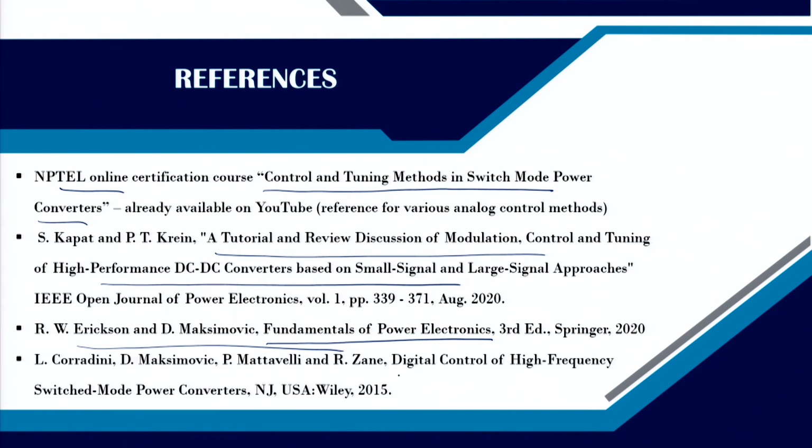And this book, Digital Control of High Frequency Switched Mode Power Converters, may be useful for some advanced topics, but in this course I will primarily highlight the majority of these topics in the course material. So even if one does not go through all this material, we will refer in a particular lecture to what concept we will be talking about, and the diagrams that we will be providing should be more or less enough for this course assessment and understanding.